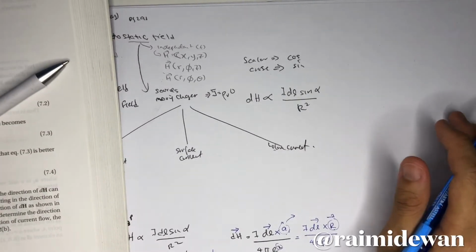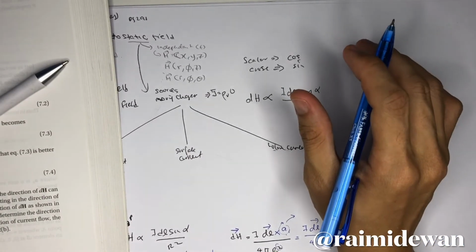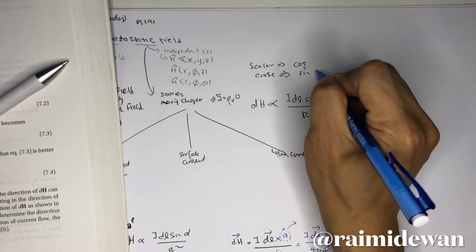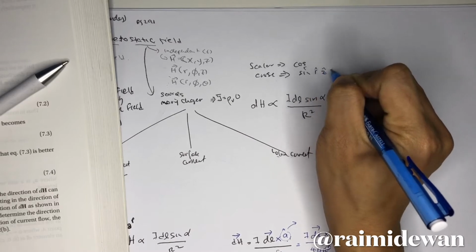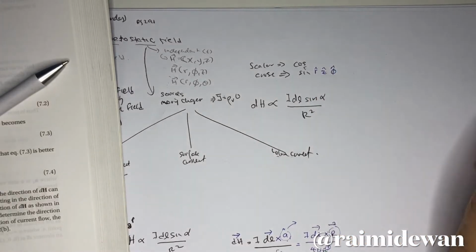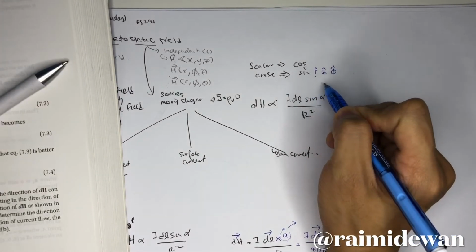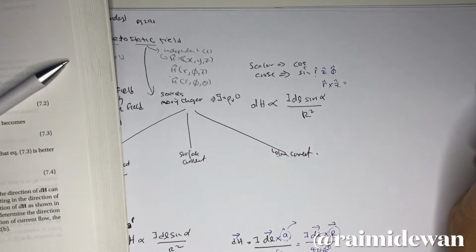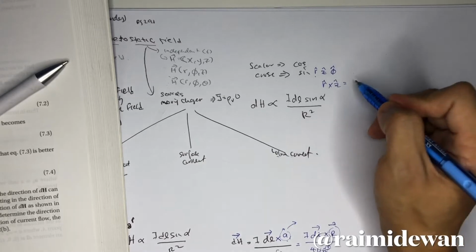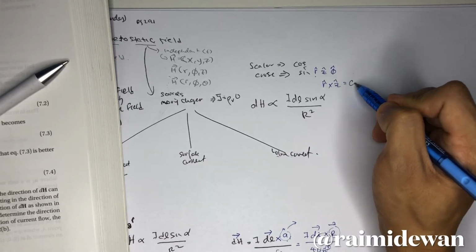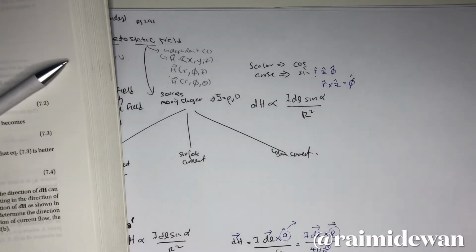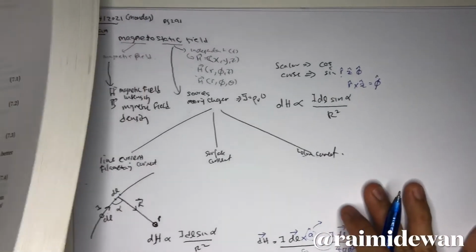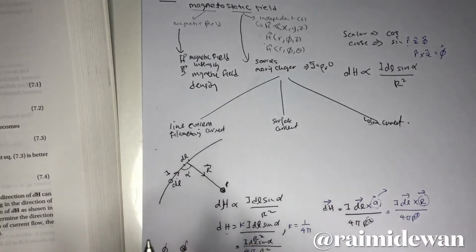For example, if you want to see the cross product in cylindrical coordinates, which involve r, z, and phi, if we want to see r cross z, what is the result of the cross product? It is the phi direction. Please be aware of this. So we finish with that.